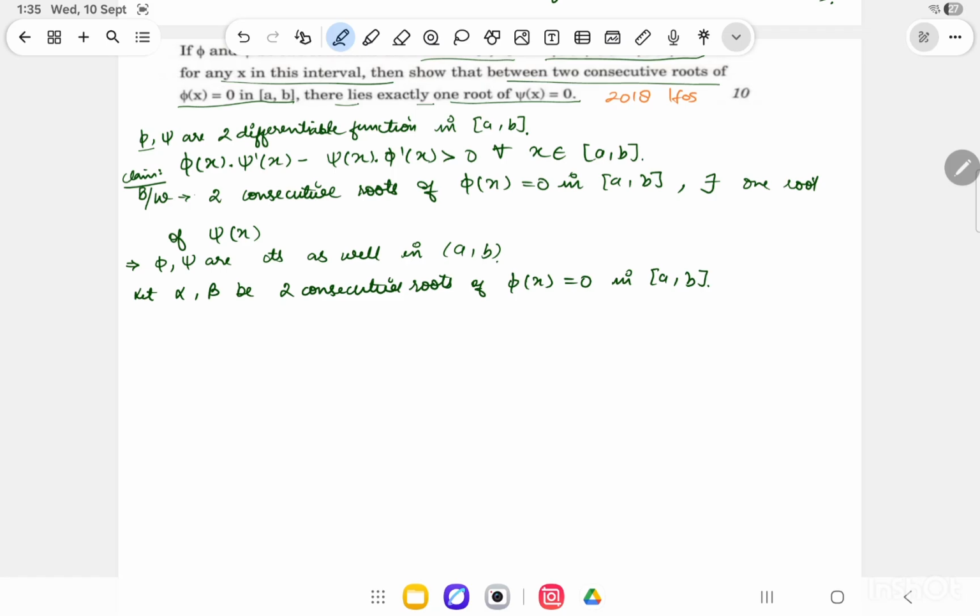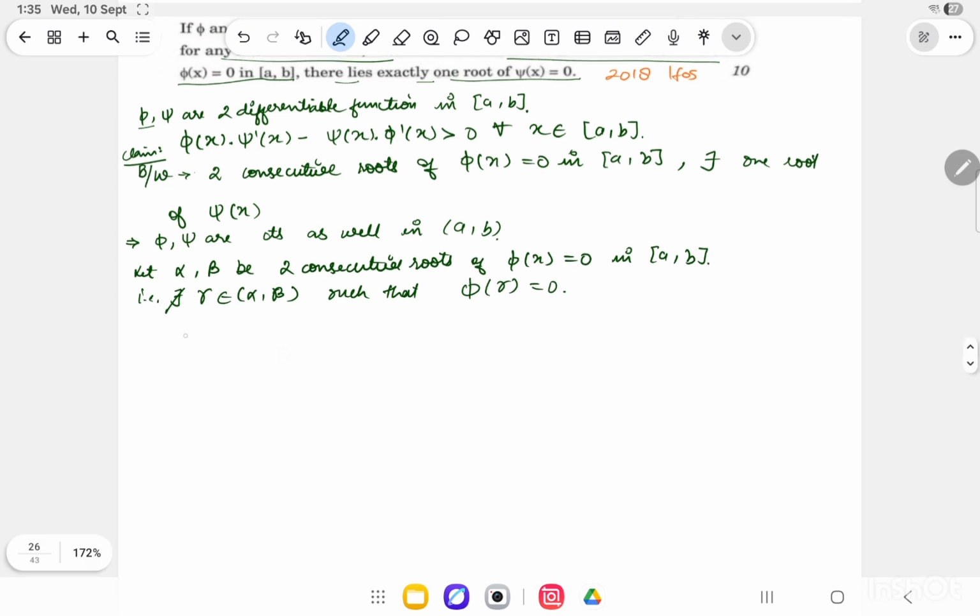Since alpha, beta are two consecutive roots of phi x, we can say that there is no root of phi x in between alpha and beta, that is, there does not exist any gamma in between alpha and beta such that phi of gamma is equal to 0. Now since alpha, beta are roots of phi x, phi of alpha is equal to phi of beta is equal to 0.